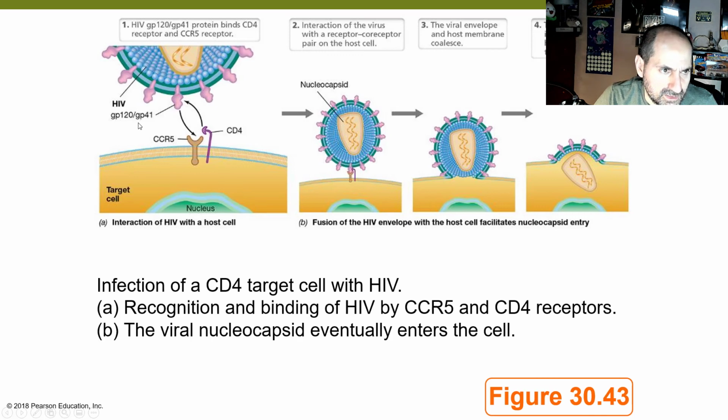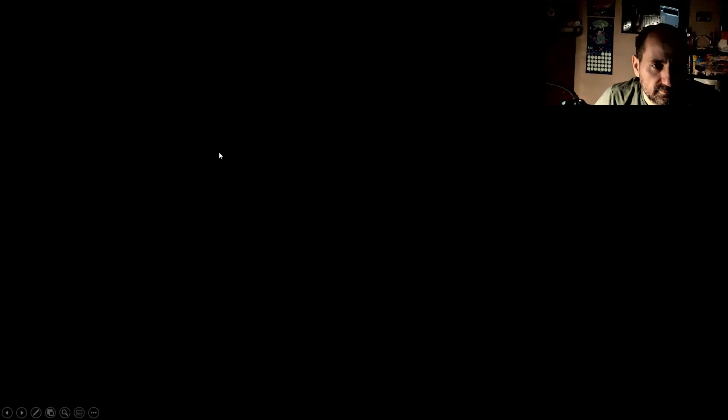And know a little bit about the mechanism of HIV infection of cells. So you have, remember, the GP120 and GP41 spike proteins, and they recognize the CCR5 and CD4 receptors on the surface of the target cell, on macrophages and on top of helper T cells.